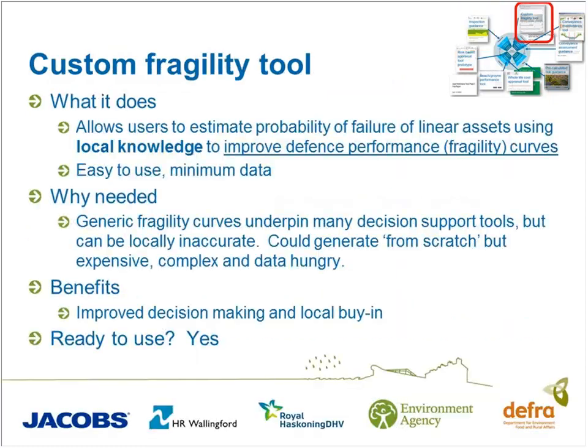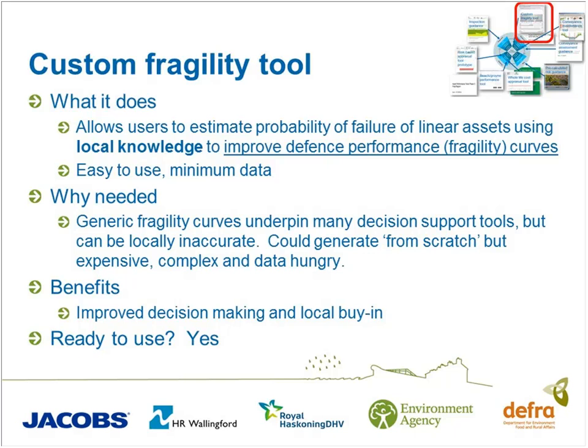So moving on to the things that we've developed through our work on the Asset Performance Tools program. The first one is, we have a few names for this, but I'm going to call it the Custom Fragility Curve. This is a tool that allows you to adjust generic performance curves, fragility curves, whatever you want to call it, bringing in local knowledge, but to do it in a very simple, easy to use approach using minimum new quantified data.